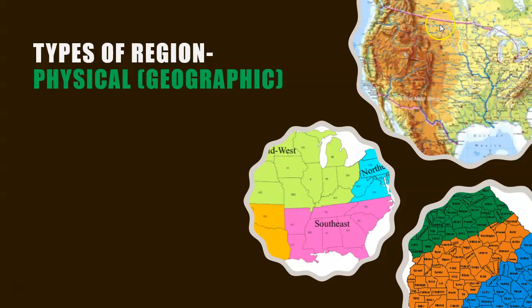So if you're looking at how we're separated from Canada, the Great Lakes here is a physical, a geographic divider between the United States and Canada. Most of this line is going to be a political boundary. Same thing down here with Mexico. You have the Rio Grande River that separates part of the United States and Mexico, but then you also have a political boundary there as well.